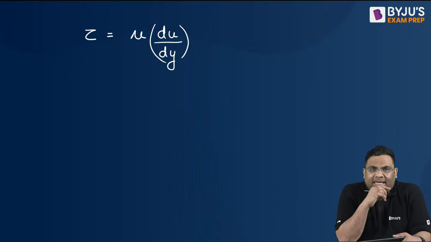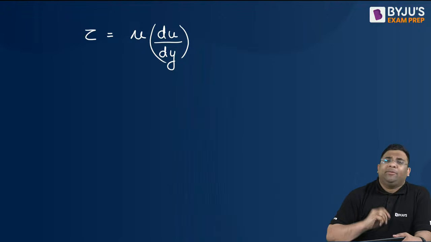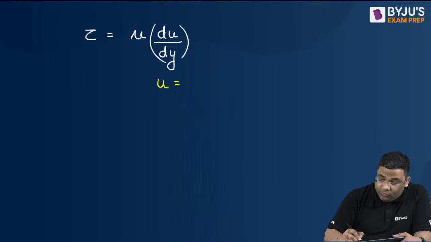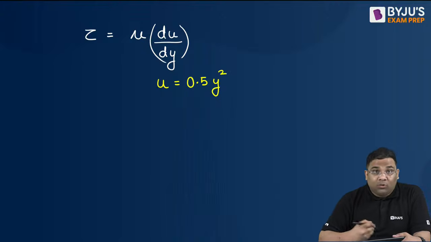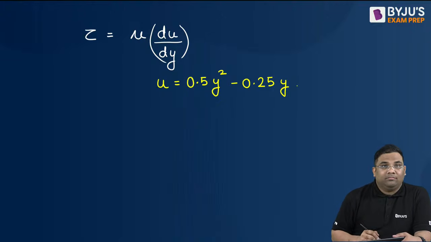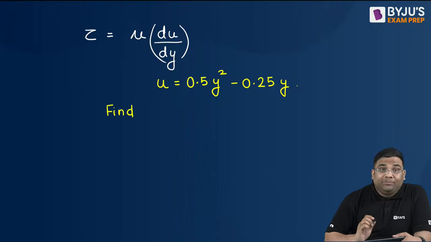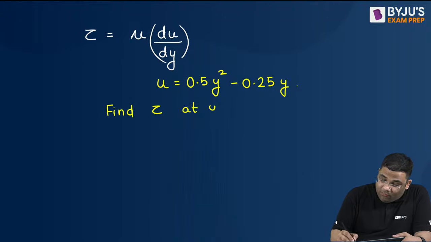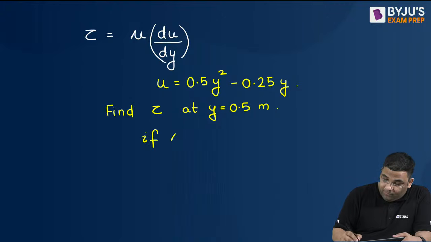Now, from this, what type of questions can they ask? They can ask very basic questions. Suppose I tell you that u is equal to 0.5 y square minus 0.25 y, and then I ask you to find the shear stress at y equal to 0.5 meter, if mu is equal to, suppose, 9 poise.